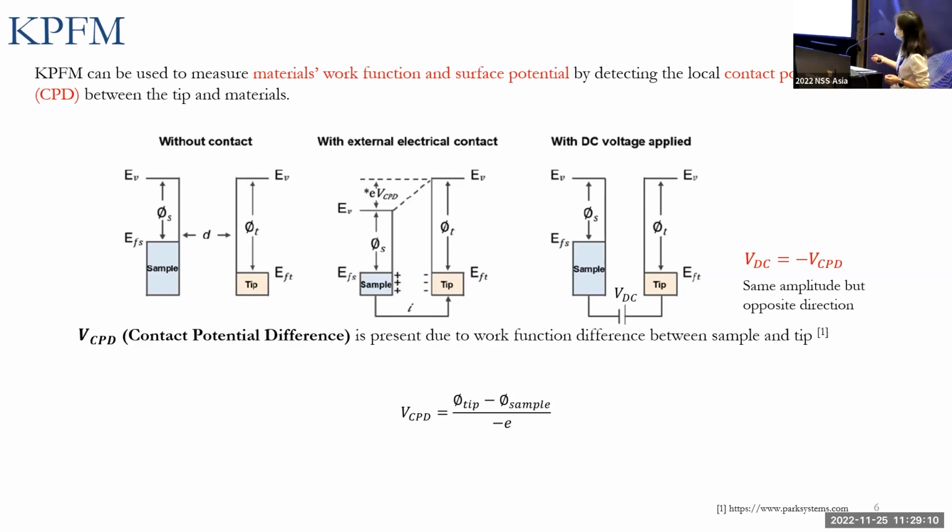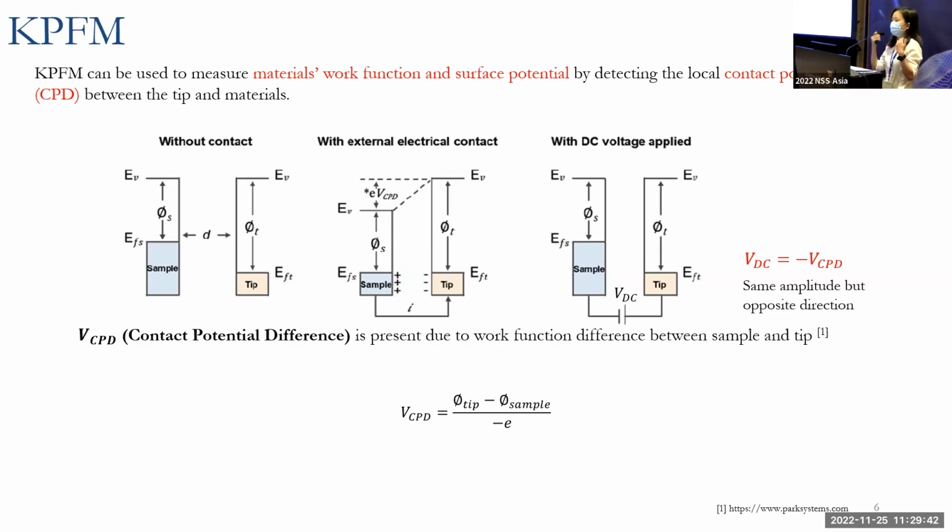For example, here, the electrons will move from the sample with a lower work function to the tip, which has a higher work function. As the electrons move, both tip and sample will be charged to create a potential difference between them. So this is the contact potential difference.